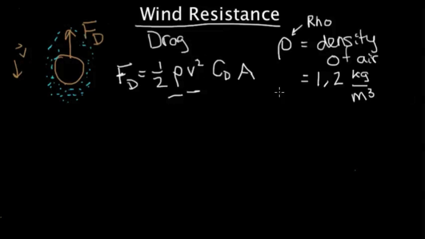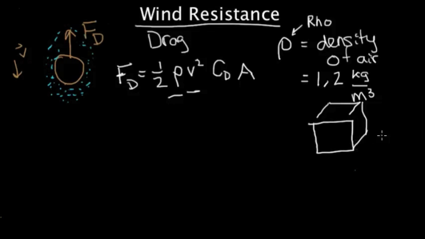So what that means is that if I was actually able to get a cubic meter of air, so if this is my cubic meter of air, this is a box of air where each side of it is 1 meter, that the mass of all the air particles inside this box is going to be 1.2 kilograms. Okay, so clearly that has an effect on this equation as well.